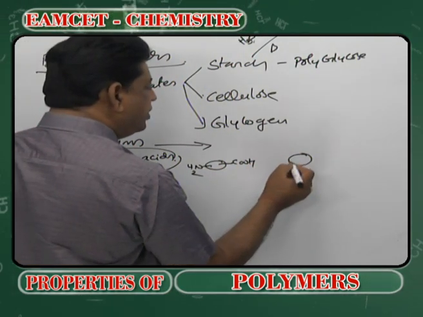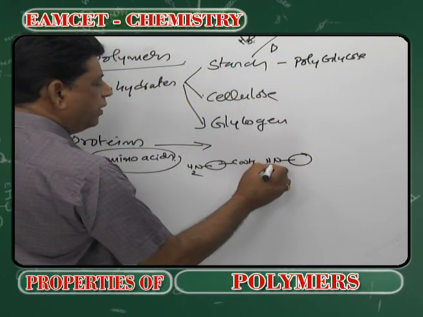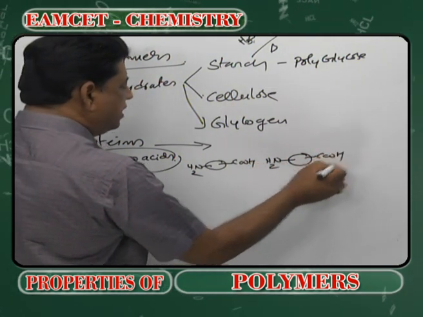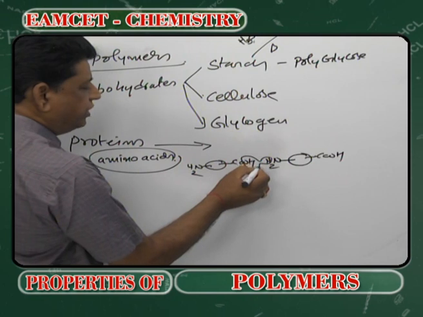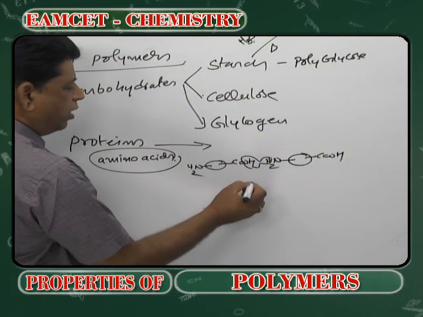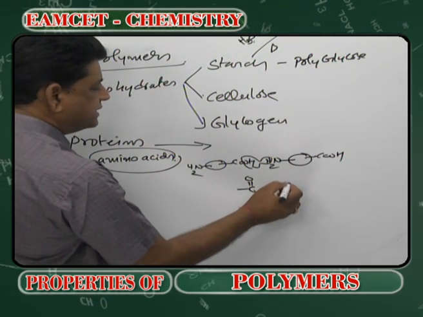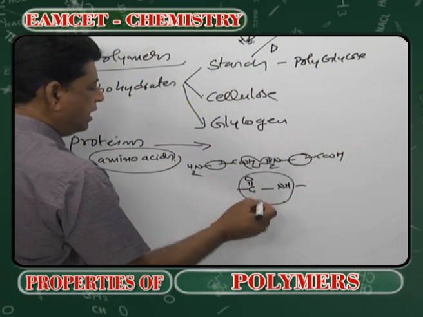Similarly, another amino acid contains an amino group and a COOH. Now, if the OH and the hydrogen are removed, a bond called CONH comes. This bond is called the peptide bond.